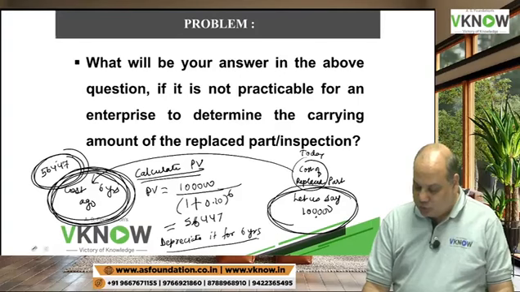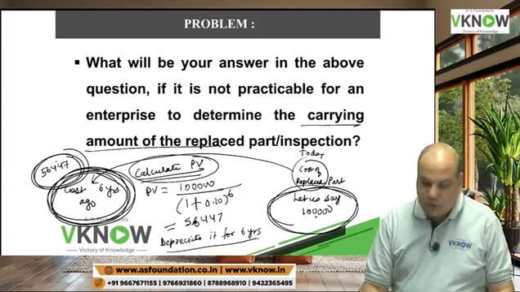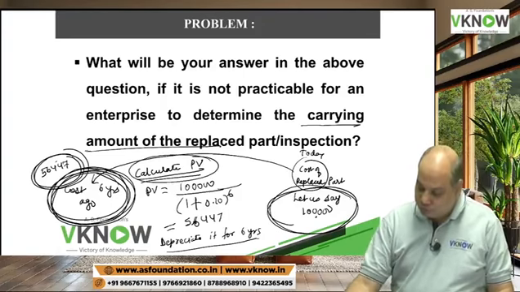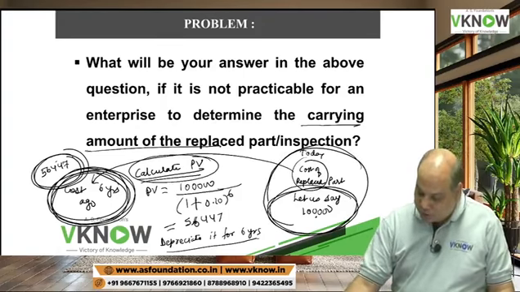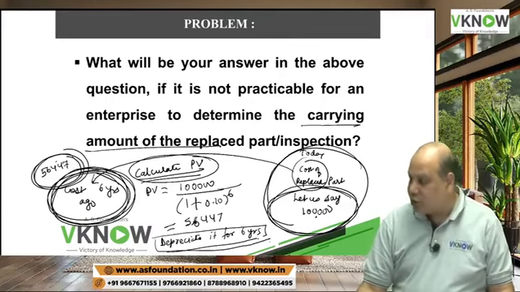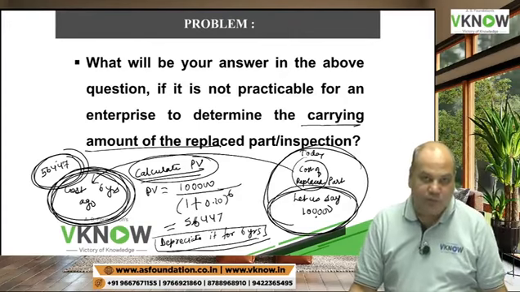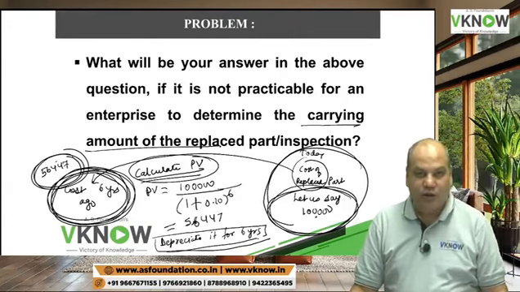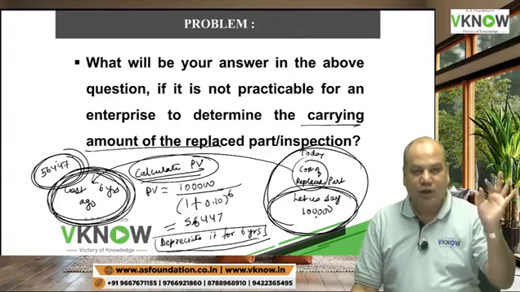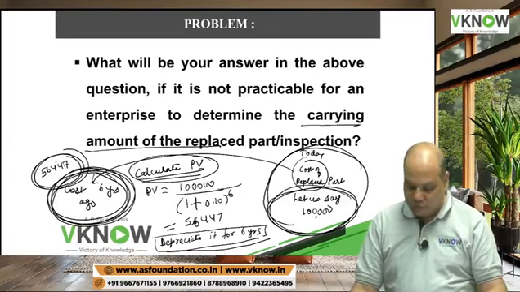So it will involve two steps to find out the carrying amount of the replaced part. Step number 1, find out the present value using today's price, and then depreciate it for the number of years completed. That will give me the carrying amount of the replaced part today.